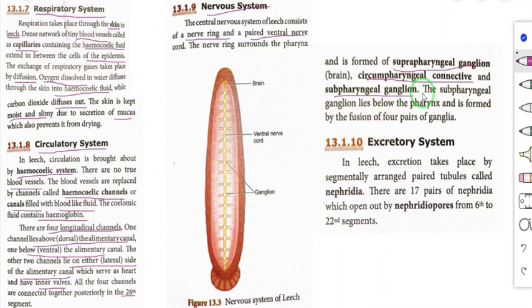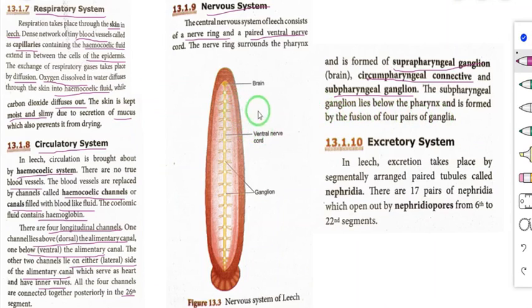The subpharyngeal ganglion lies below the pharynx and is formed by the fusion of 4 pairs of ganglia. Where is it present? Below the pharynx, nearly the 5th segment.